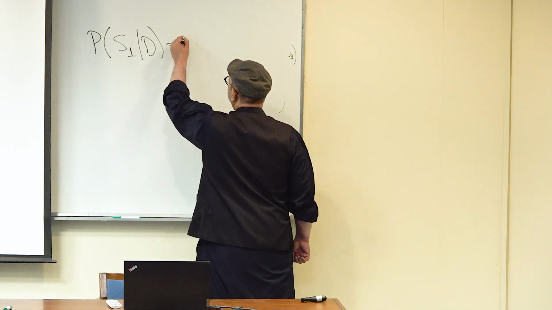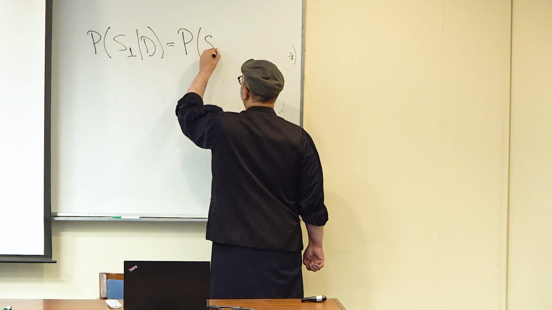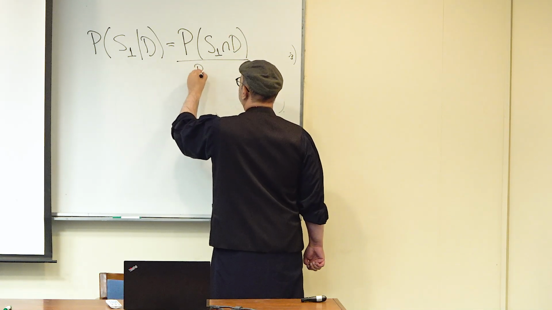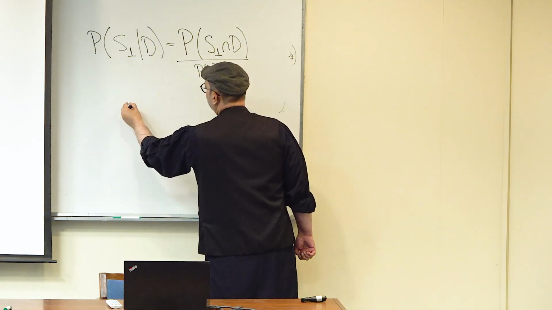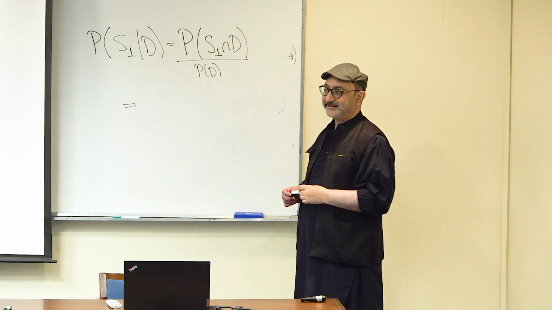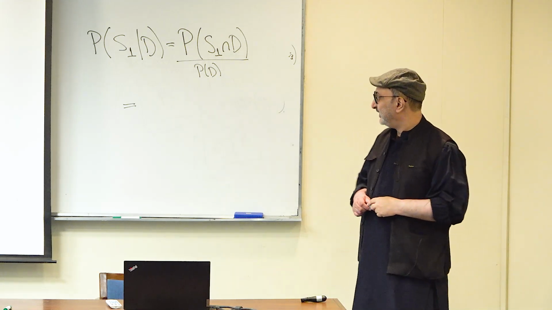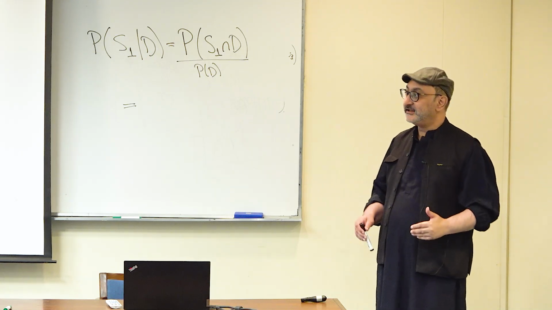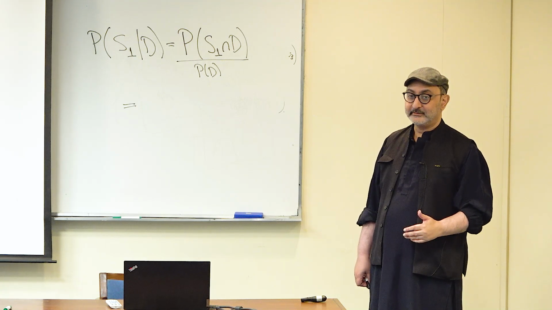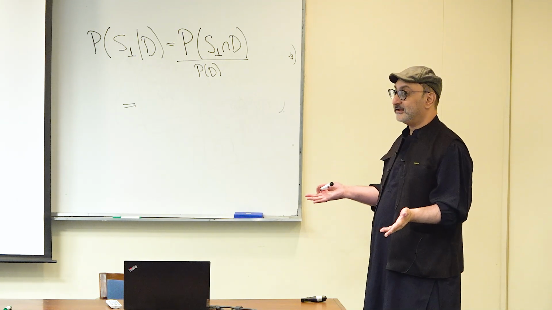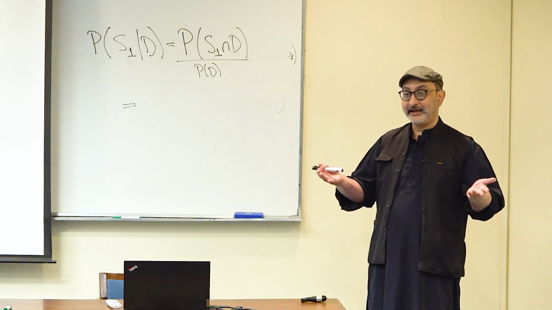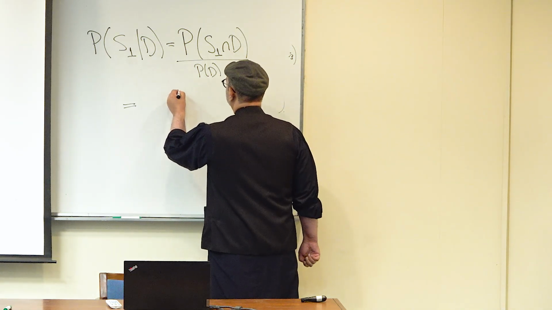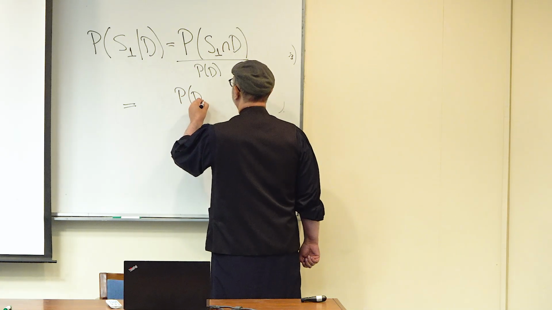So once again, conditional probability. This is S1, probability of the intersection, S1 intersection D, divided by the probability of D. I've already found the probability of D. I don't have probability of S1 intersection D either, but I do have some conditional probabilities involving S1 and D. This is the probability of D given S1.